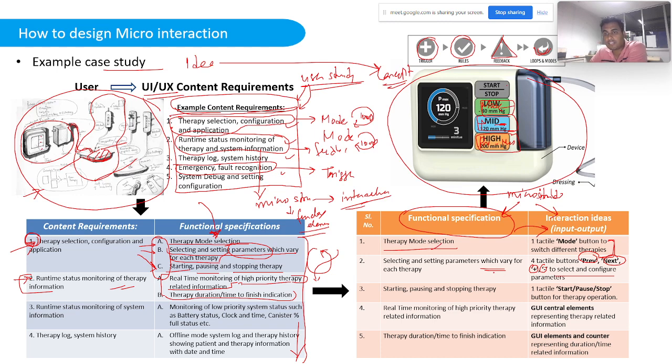Then for selecting and setting parameters, you need to provide 4 buttons, because you need to move to different parameters first. When you press previous, it will probably go to the previous parameter, and when you press next, it will move to the next parameter. Then when you press plus and minus, it will increase or decrease the value for that particular parameter. That's why you need 4 buttons. So here you need 1 button.